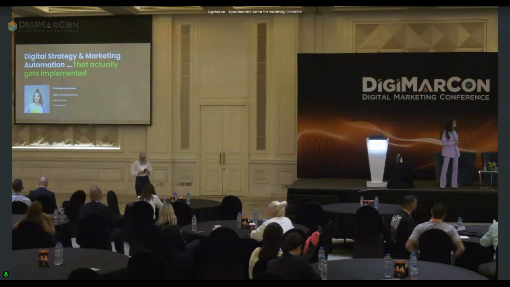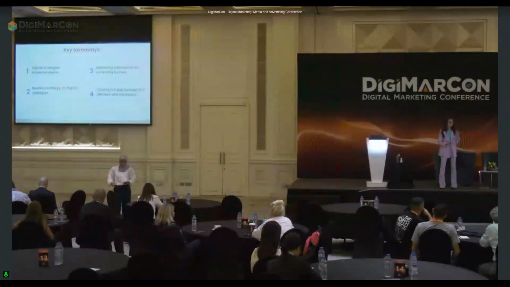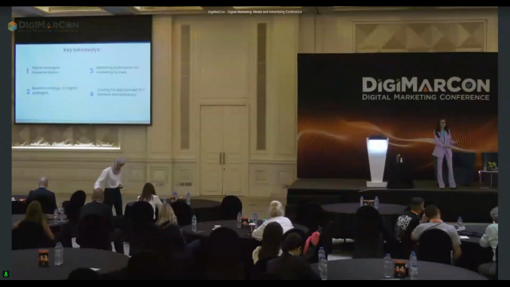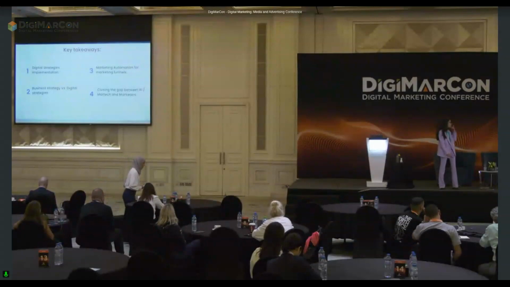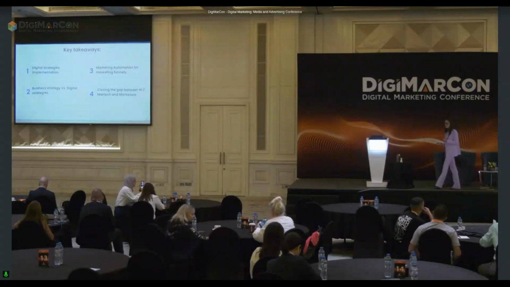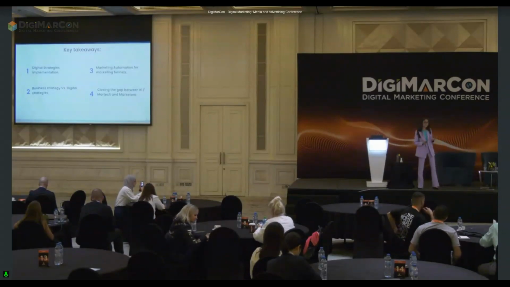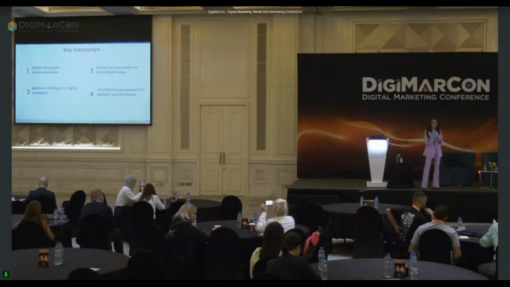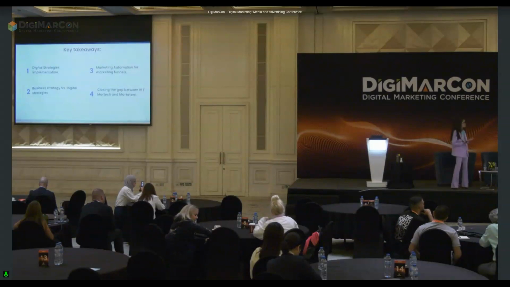So this is what we're going to talk about, and it's mostly about implementation and how to make our lives easier as entrepreneurs, as digital marketeers. Key takeaways for this presentation would be the implementation of strategies. In line with that, we're going to compare business strategy and digital strategy, how to marry those two concepts and why it is important. We're going to talk about marketing automation, and mostly about the marketing funnel, how to build the right funnel.